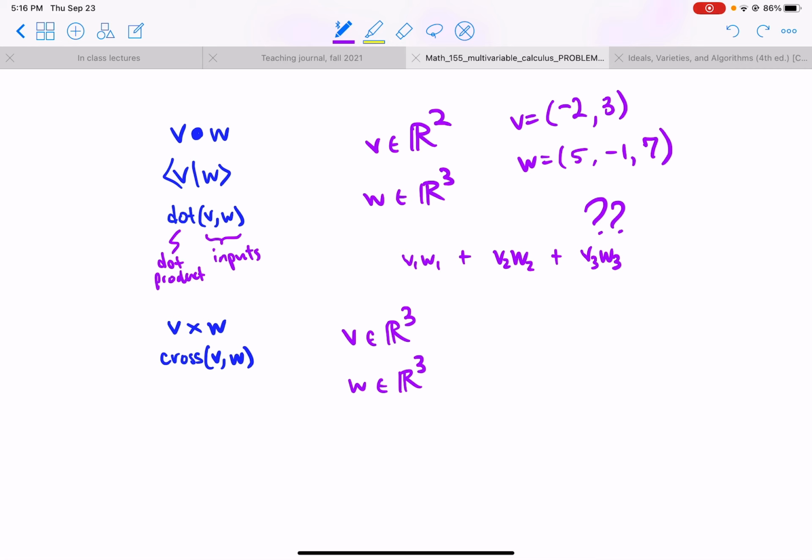So that's a big difference. So I would say that the cross product, the output of it is again a vector in R3. The dot product, the output of it is always a real number. So the dot product of two vectors is a real number. The cross product of two vectors is a vector, and they all have to be in three-dimensional space for cross product.